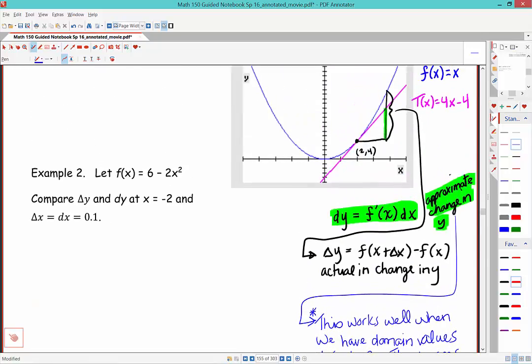So this pink tangent line, which remember we made using that x value of 2, works very well when we are close to 2.